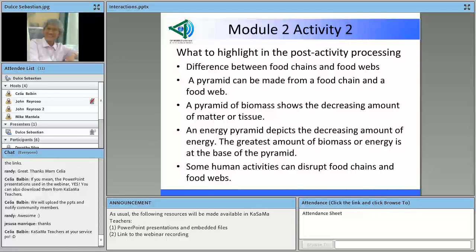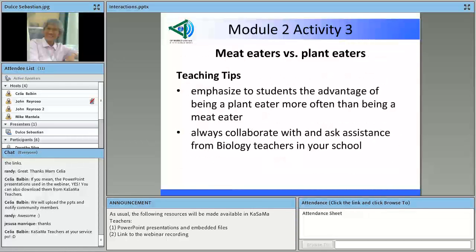Now, the third activity is meat eaters versus plant eaters. The teacher should emphasize to students the advantage of being a plant eater more often than being a meat eater.